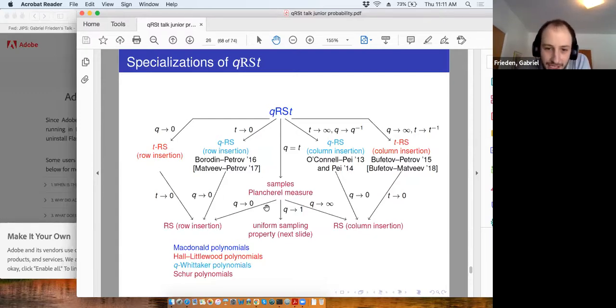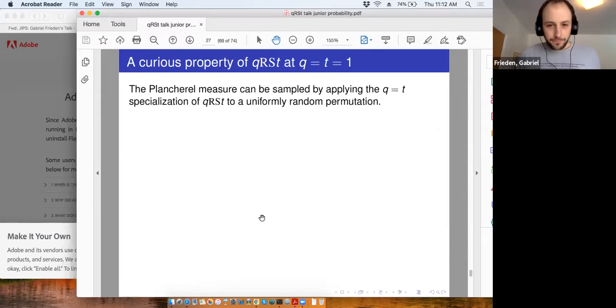And from that, if we send q to 0, we get deterministic row insertion. If we send q to infinity, we get deterministic column insertion. And if we send q to 1, we get this kind of strange uniform sampling property that I'll discuss now.